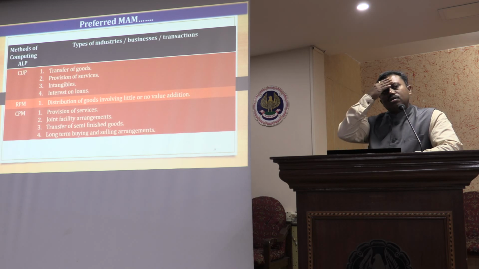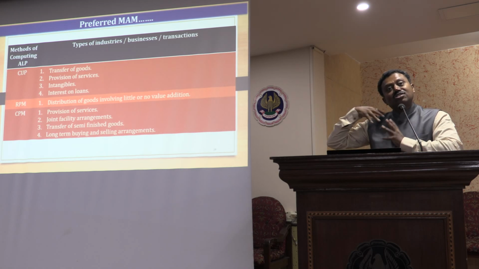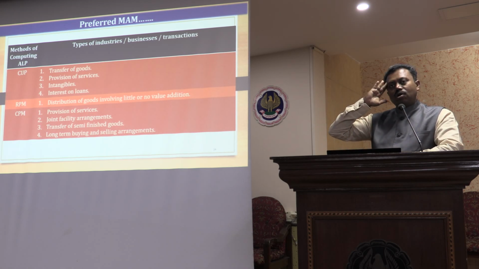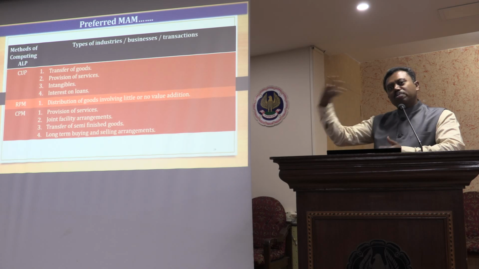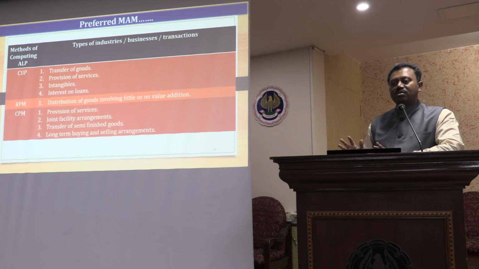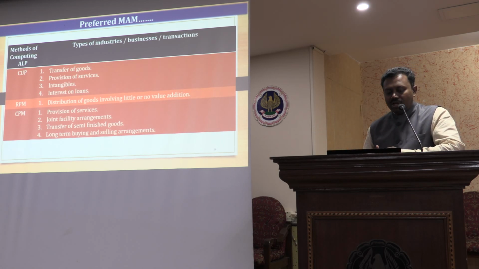So, I cannot again say this is final, but as food for thought, these are the normally accepted most appropriate methods. I'll just read. CUP is used for transfer of goods, and provision of services is allowed if an hourly rate is possible. Intangible cases, CUP is possible. Interest on loans, CUP is possible.